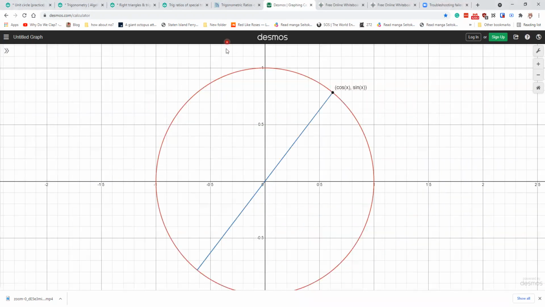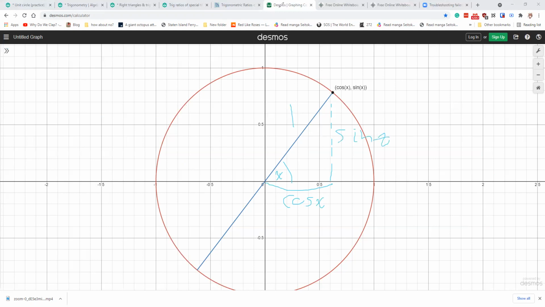And so let's go ahead and draw that triangle down. So you have this angle, x, which would be equal to theta in this case, and this is equal to cosine x, and this is equal to sine x. And the hypotenuse is equal to 1.